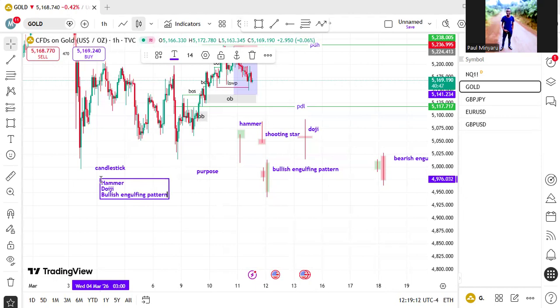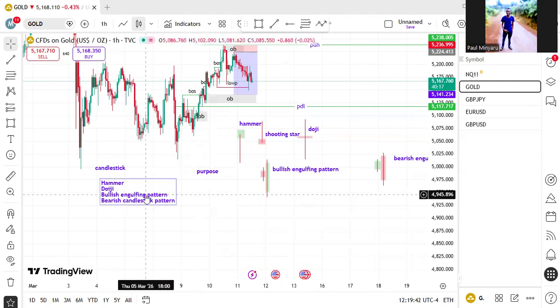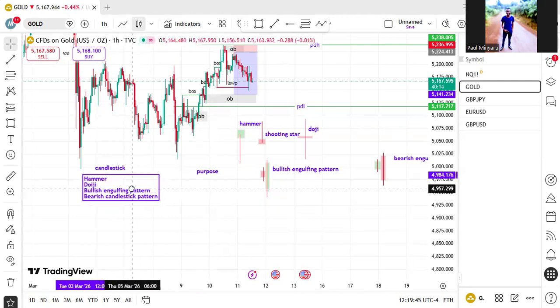I'll just use a pattern, not a candlestick, because it contains two candlesticks. So we can just say bullish engulfing pattern. Then we have the bearish engulfing pattern. So what is remaining is the purpose of these candlesticks.